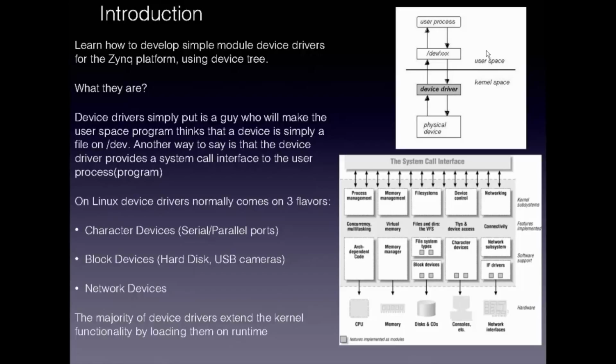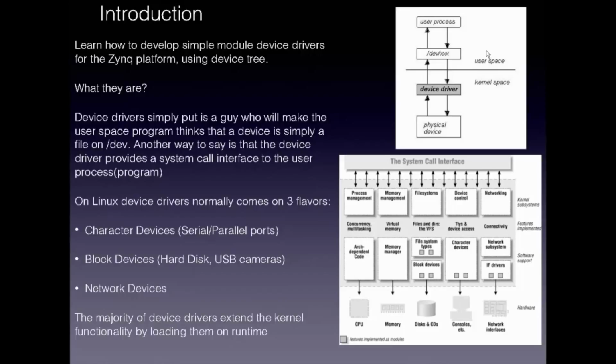The idea is to make the user think that he's dealing with just a file. On Linux, device drivers normally come in three flavors: character devices, for instance serial or parallel ports; block devices like USB cameras and hard disks; or network devices.